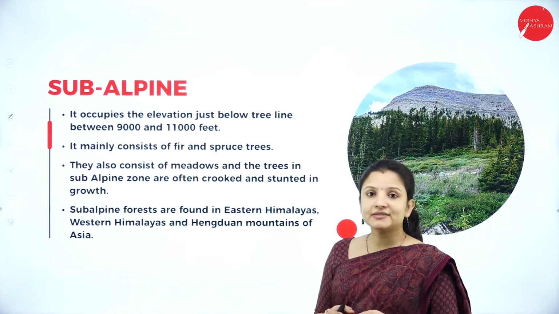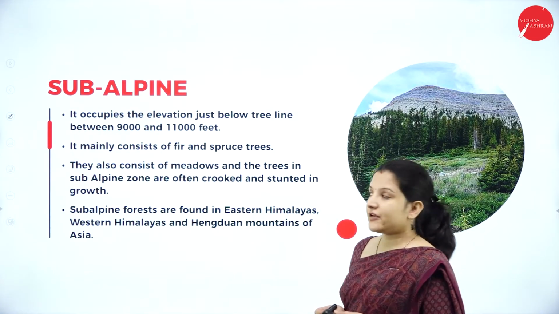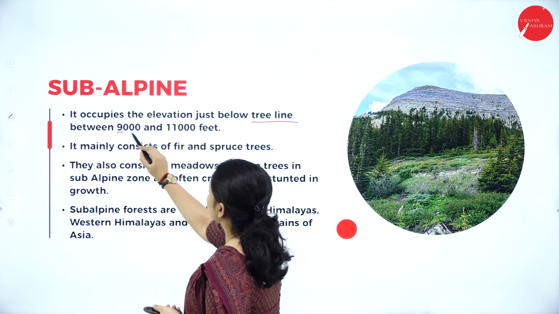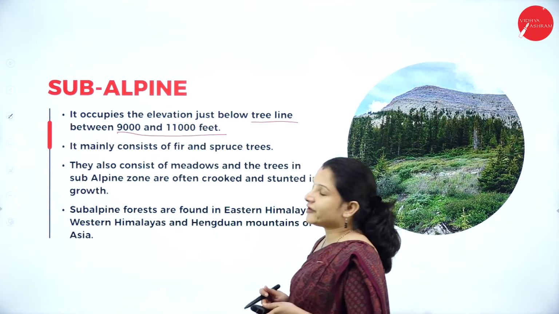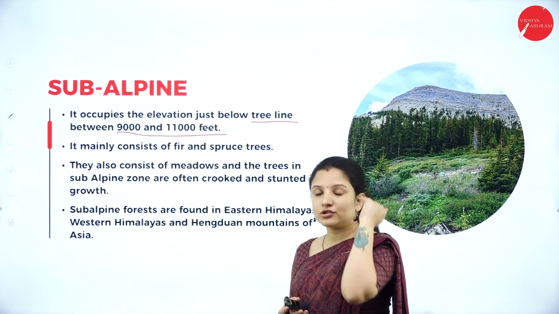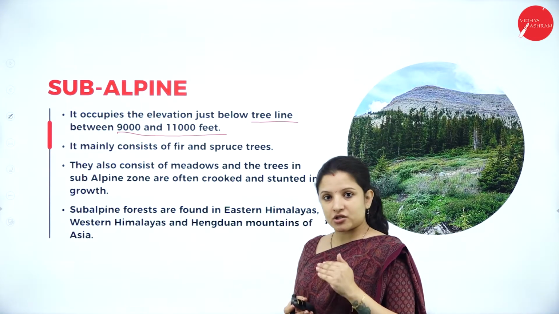Next, talking about the subalpine. So subalpine occupies the elevation just below the tree line, between 9000 to 11,000 feet. So above the mountain, somewhere at 9000 to 11,000 feet, up till that the subalpine vegetation occurs.